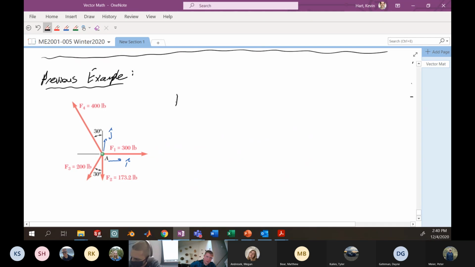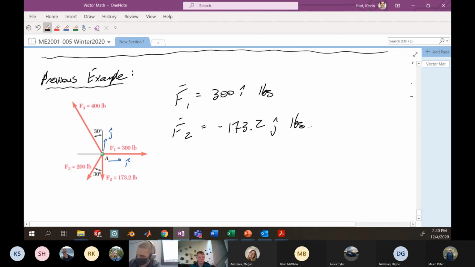We can write that F1 is 300 i hat pounds. F2 is negative 173.2 j hat pounds. It's only in the y direction.